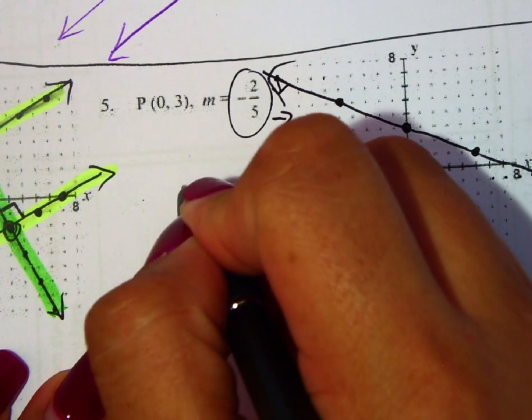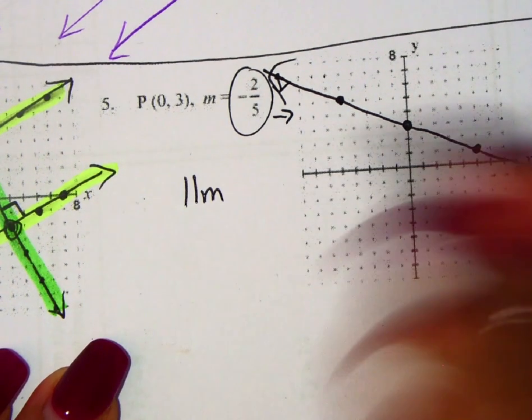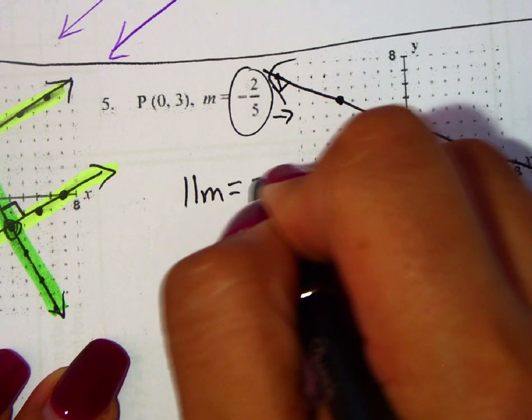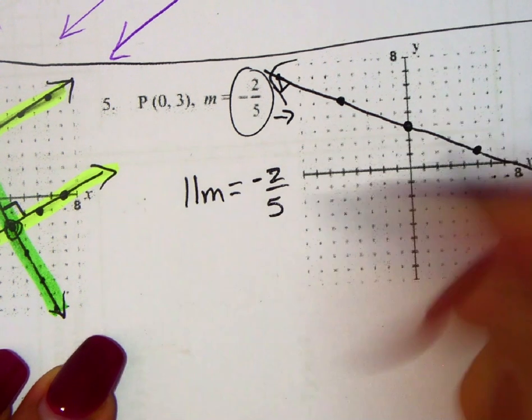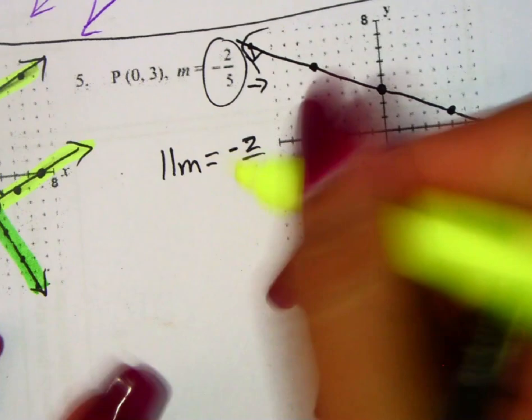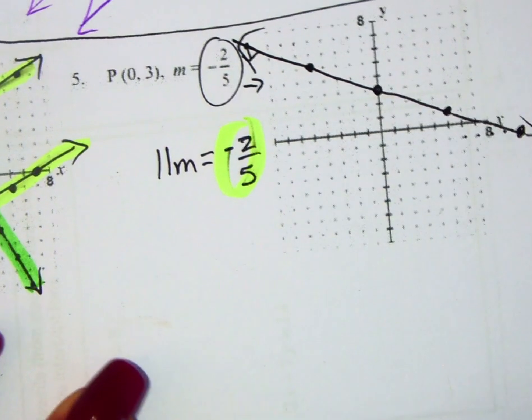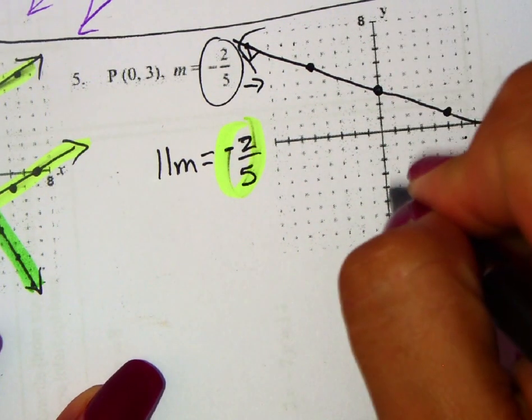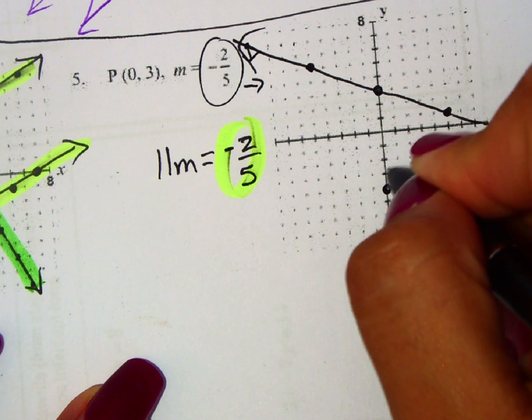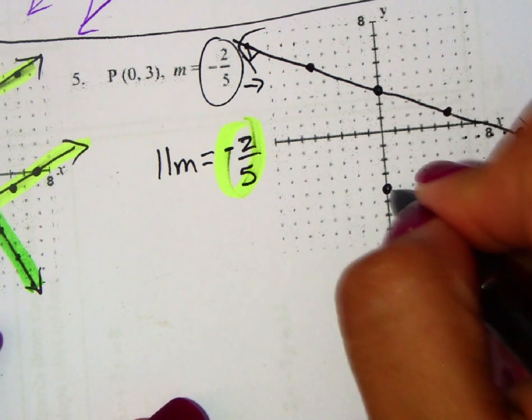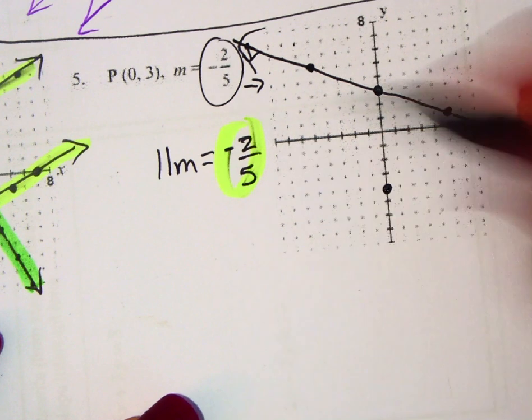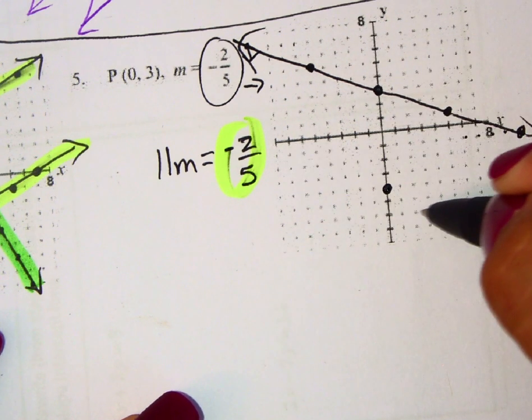And the parallel line has to have a parallel slope, a same slope, negative 2/5. So we're just going to select another point to plot that out. I'm just going to pick this one. Negative 1, 2, 3, 4. And we're going to do the same pattern of down 2 and across 5.